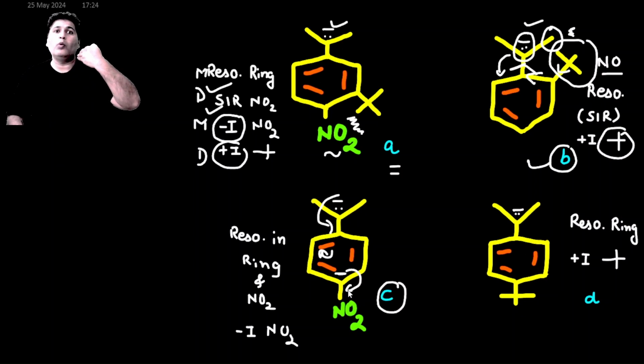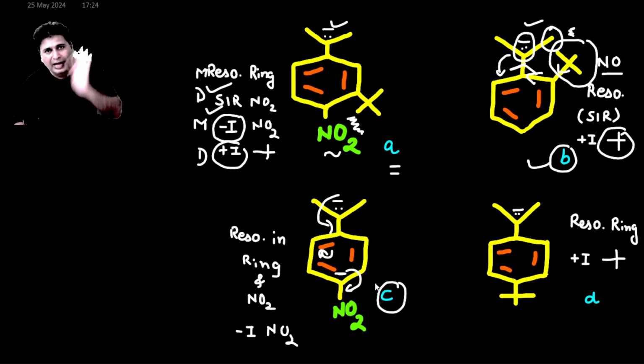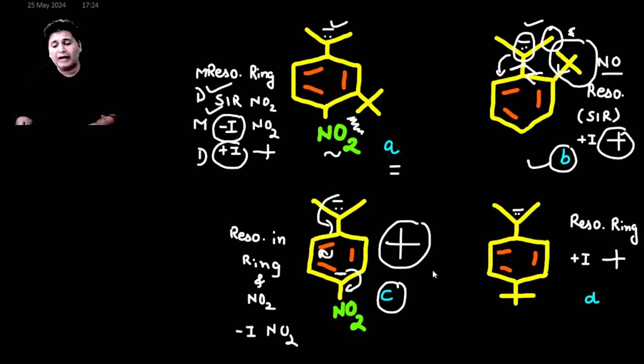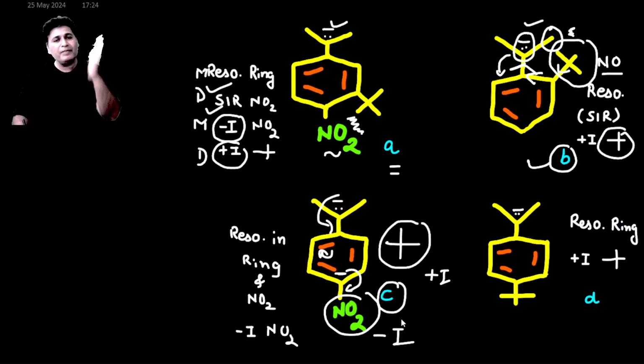So there is a widespread delocalization of minus charge, and not only that, it does not have any tertiary butyl group which could have given the electron through the plus I effect. So the demerit is also not there, and apart from that, the NO2 group which is present has the minus I effect. So all the positives are there and the demerits are not there.